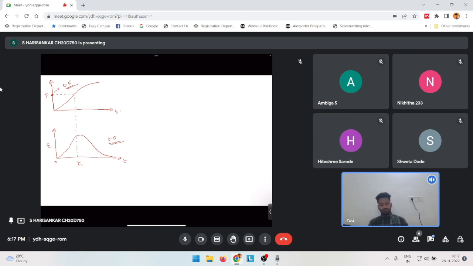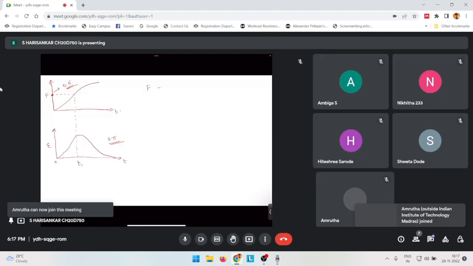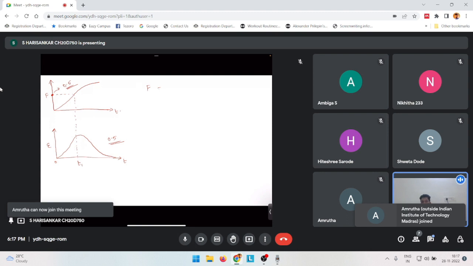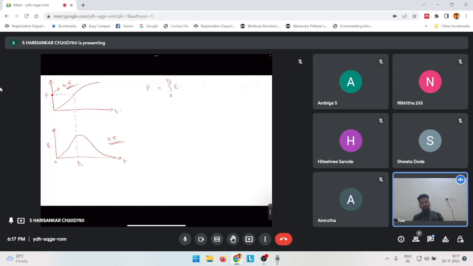So basically, if you want to represent the relation between the E curve and F curve using some equation, you can simply denote the F, or the fraction leaving the reactor at time t1, using an integral 0 to t1 of E dt.